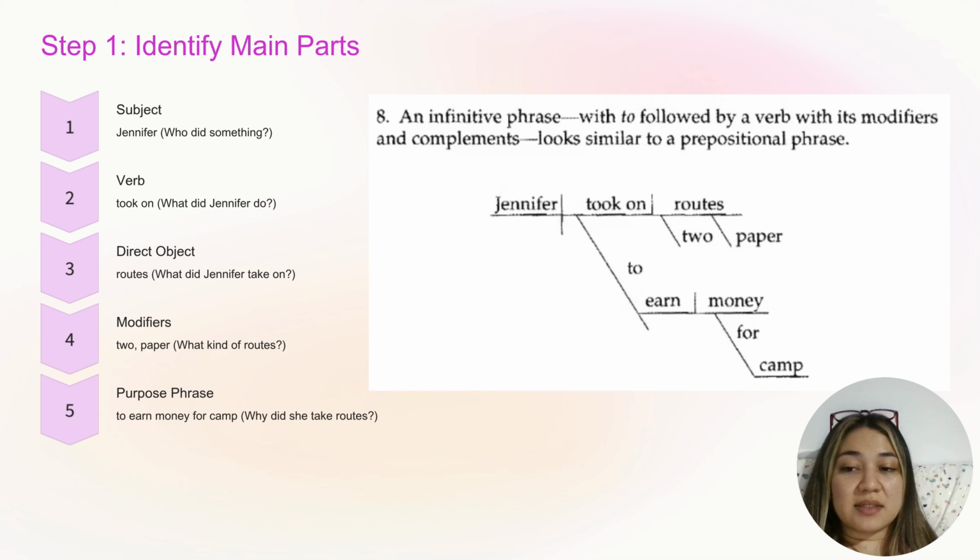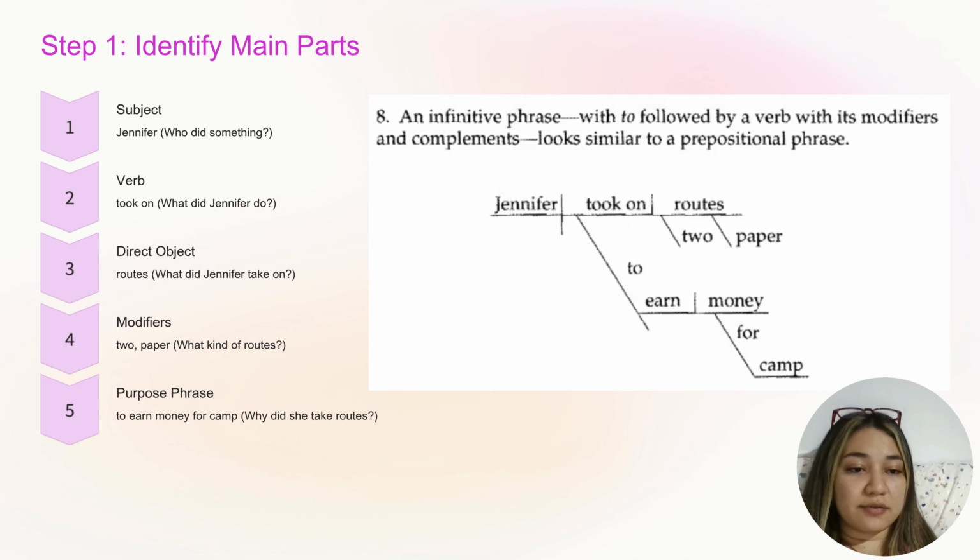So the object is routes, right? And we have diagonal lines which describe words like adjectives and adverbs, and diagonal from the verb, extra information like the purpose or reason about the sentence, right? These include modifiers like the words country and paper, because they say what kind of routes, in this case the object, right?